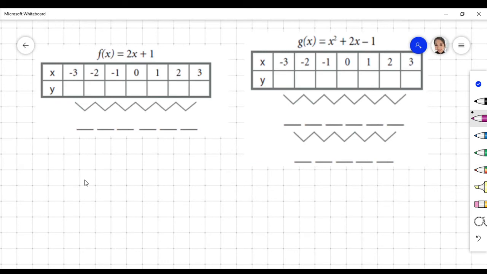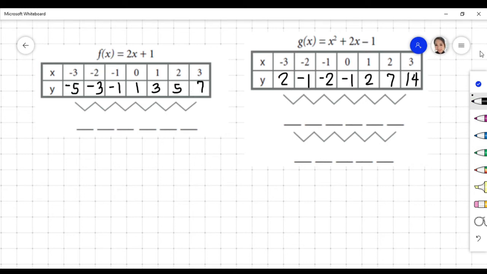Earlier we've learned how to identify if the equation is quadratic or not. So how about if we are given a table of values like this? Suppose the equations are not given, how would you identify if the given table of values represents a quadratic function?